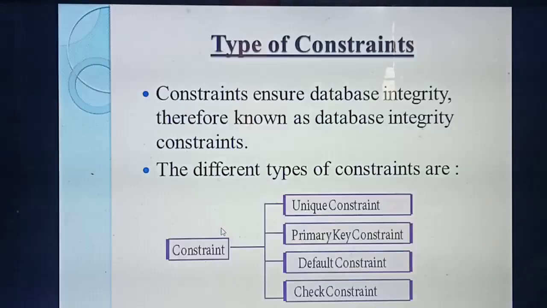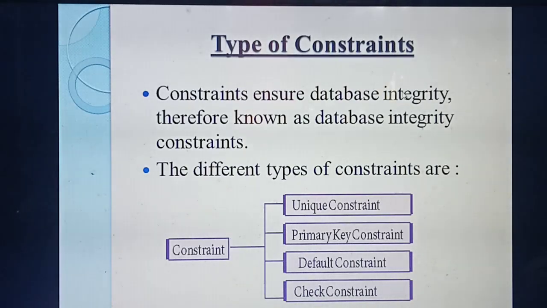Understand? Yes. Next we are going to study the types of constraints. What are the types of constraint? What's the use of constraints? By using these constraints you can improve the accuracy or integrity of the database. There are mainly 4 types of constraints. How many types of constraints are there? 4.